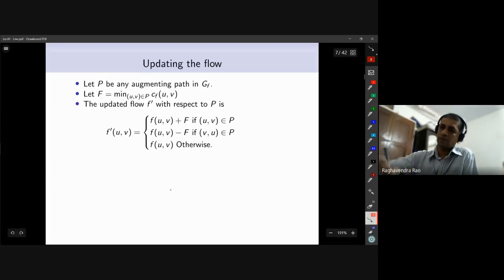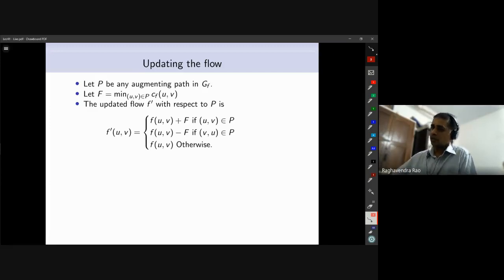So this F is the gain that we make. Since these are edge capacities, and in the residual network we remove edges with capacity 0, this is a non-zero, non-negative value. Remember that all capacities are non-negative. So this is going to be strictly greater than the value of the original flow.